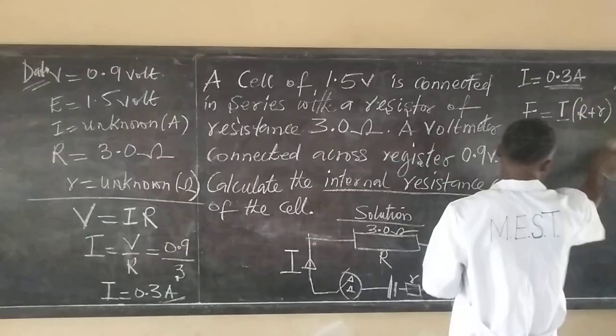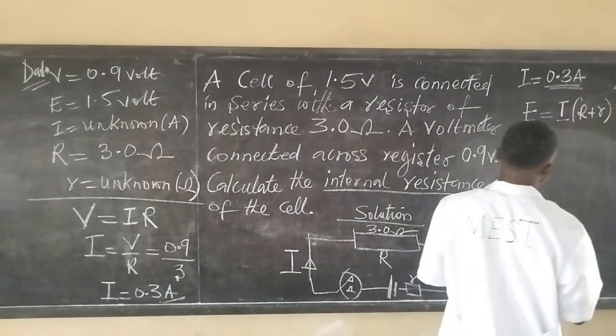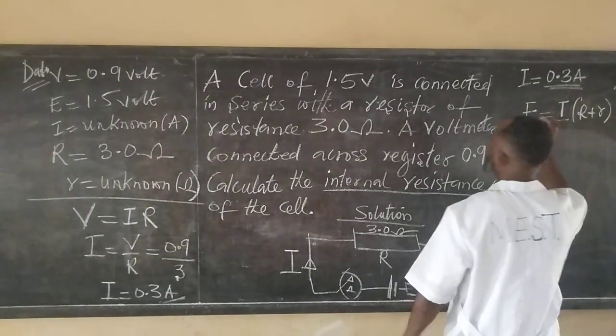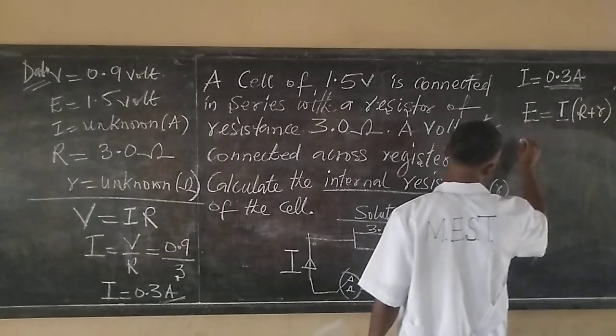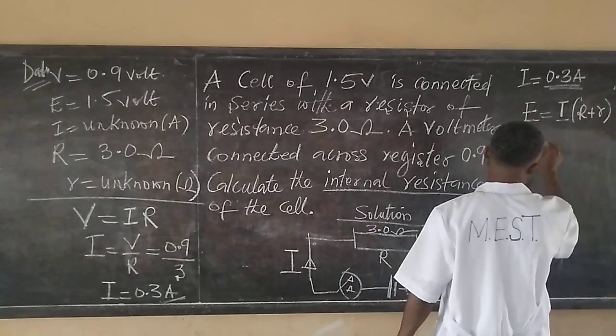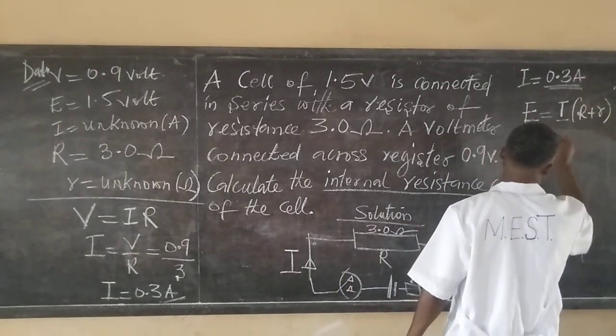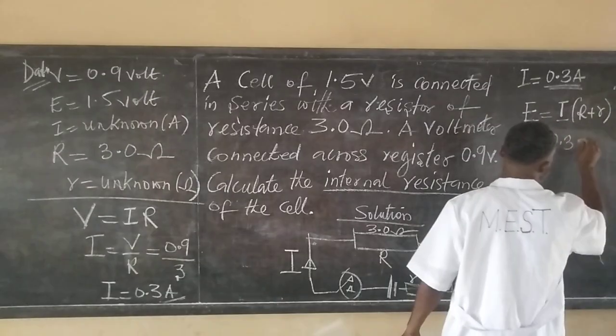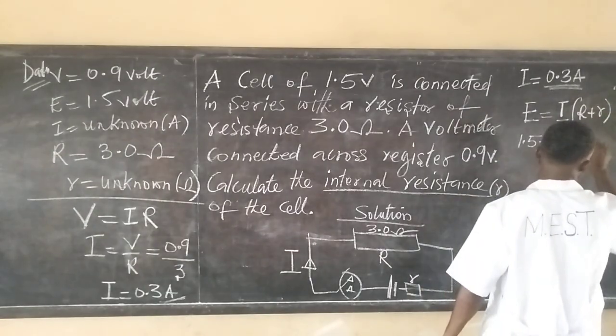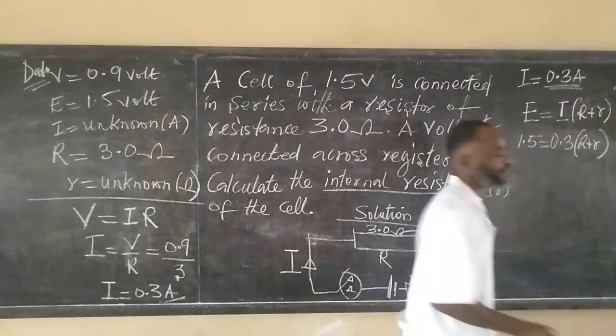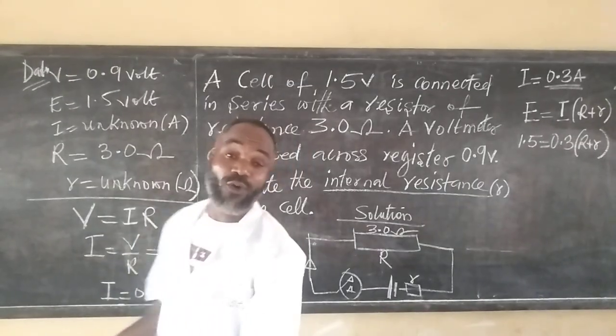Let's repeat this once again. For E we have 1.5, for current we have 0.3, bracket R plus small r, bracket close. So we are going to open the bracket.